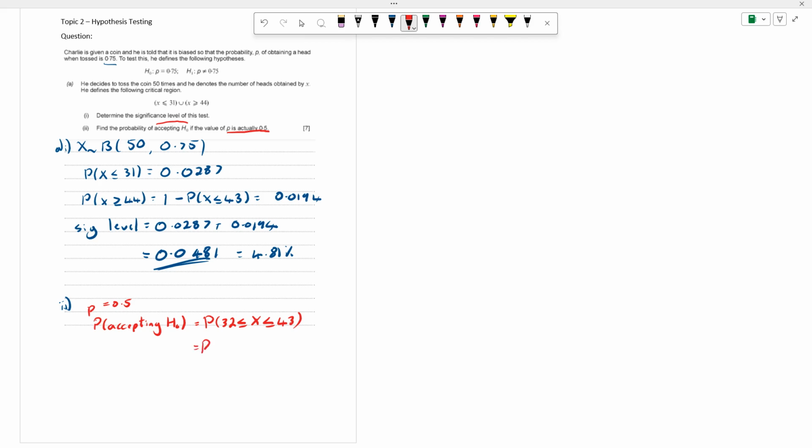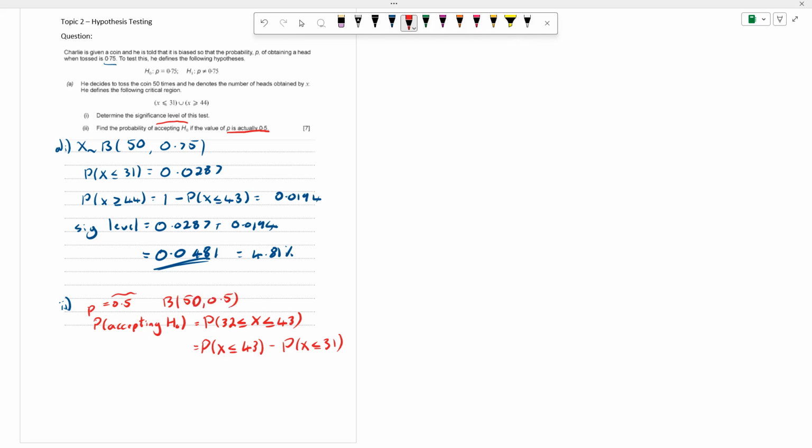So if I split this up, this is the probability of being less than or equal to 43, take away the probability of being less than or equal to 31. Now from there, we're just going to get our calculator and work them both out separately. The only difference with this scenario is that my new binomial is going to be 50 and 0.5.